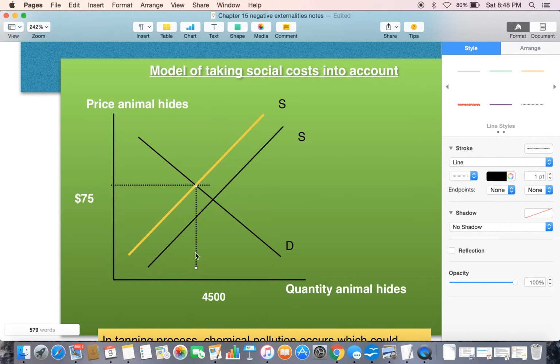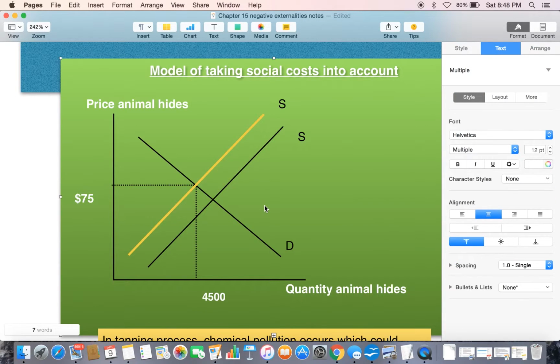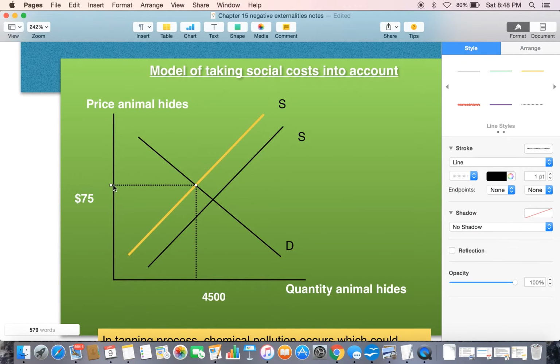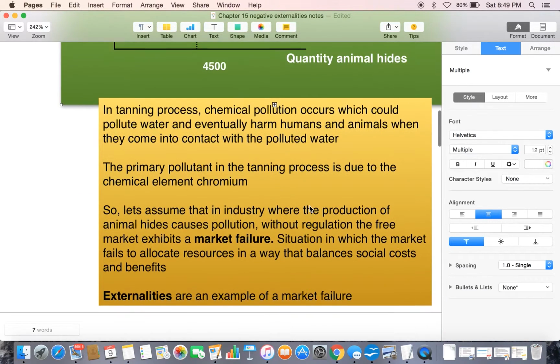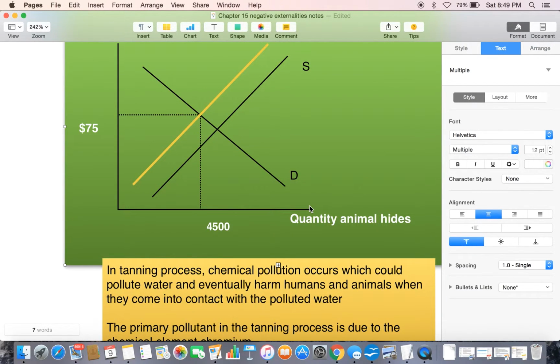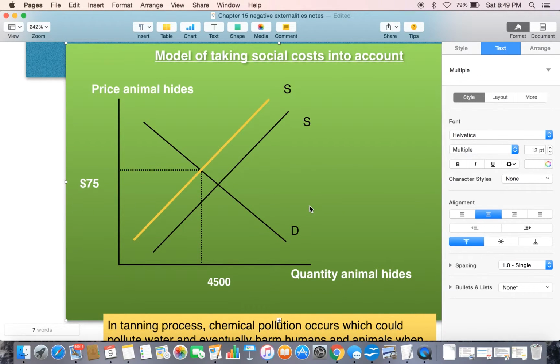And here we would have what is called our social supply. So our social supply would mean that we've taken into consideration the previous existence of a market failure. So the market failure would be that there's a negative externality of pollution occurring. Now, when we apply this command and control regulation, reducing the total allowable quantity of pollution either through technology or reducing production, and the supply is shifting for each firm, less is being produced, or the technology is imposing a cost, and we know when we have increases in cost, this also shifts the supply curve inward.